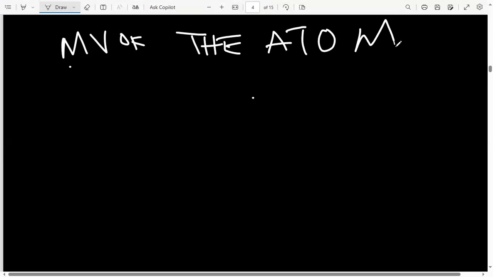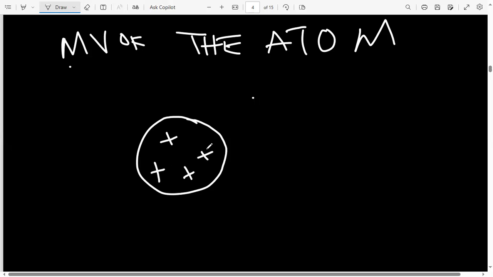So we are saying that this atom, okay, consists of the nucleus. So in this nucleus, you are going to find positive particles, okay? And these positive particles here, they are what we call the protons, okay? So in this nucleus, you're going to find the protons, and you're also going to find the neutrons that are indicated by the letter N there.